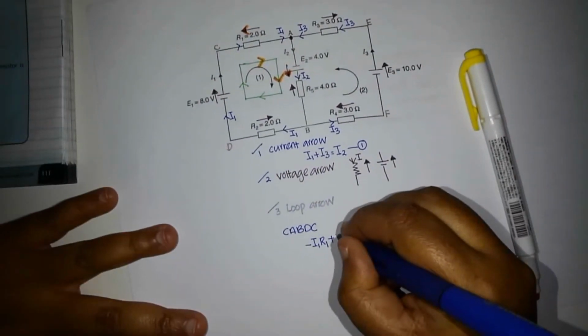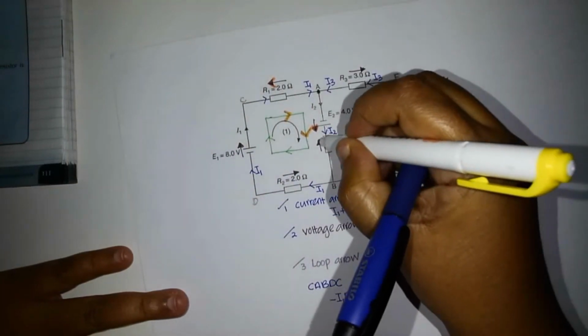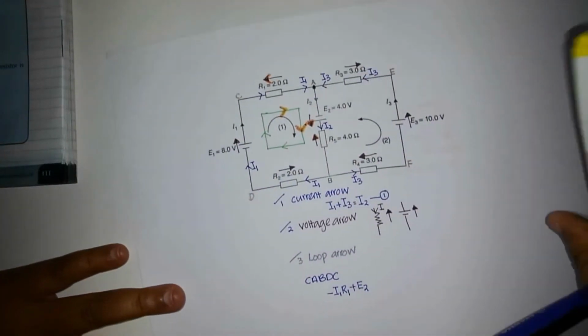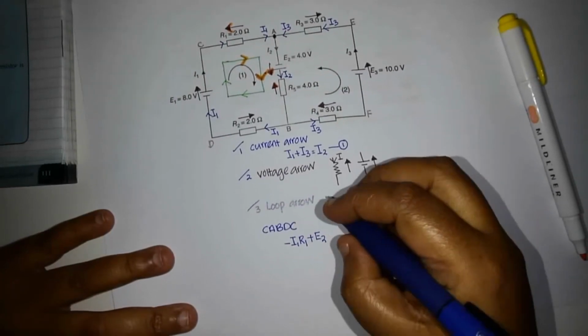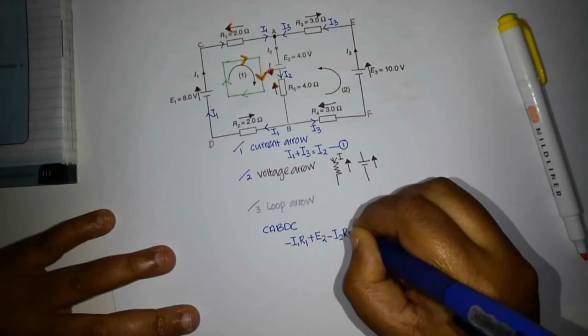Then here, the direction is opposite to the loop arrow, so minus I2 R5.